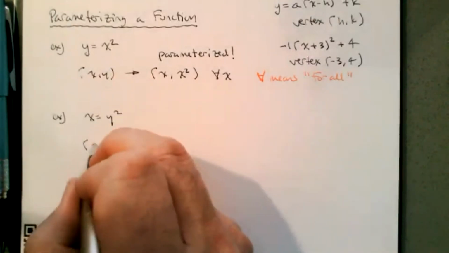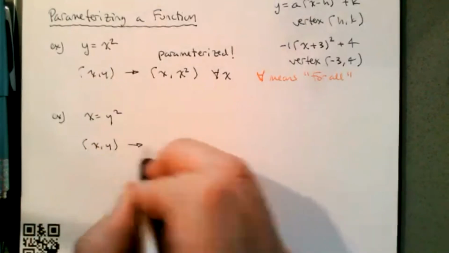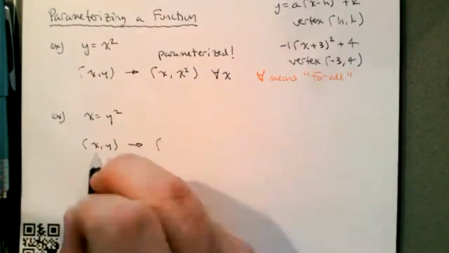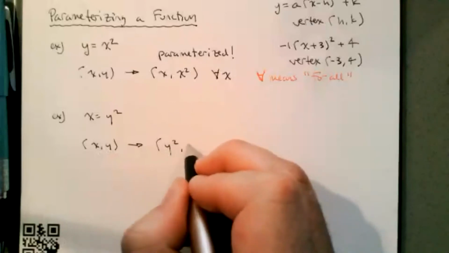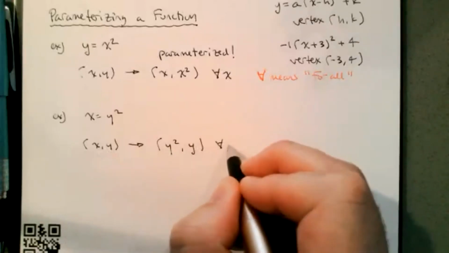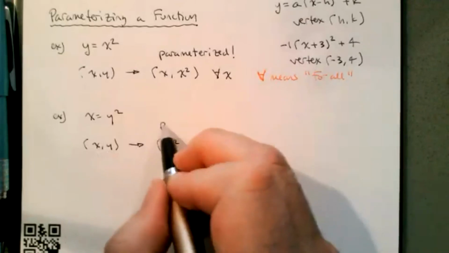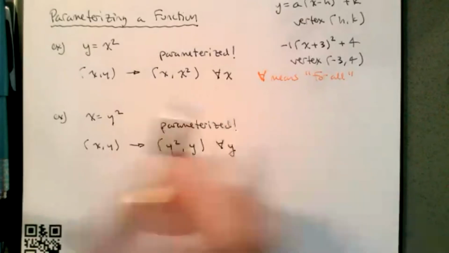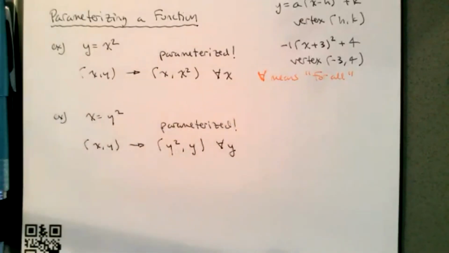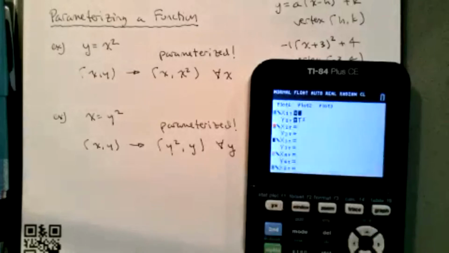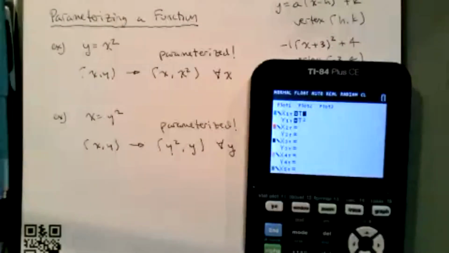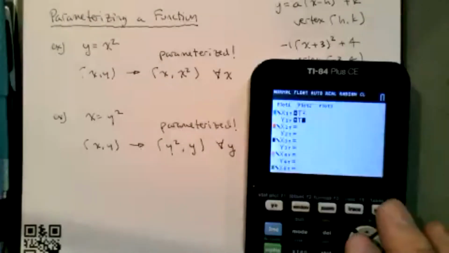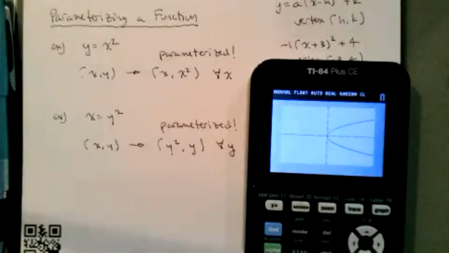We still want to write the coordinates x, y, but in this case, I'll say x is equal to y squared, and then just do this for all y. So if I trade my x and my y and put t squared in the x and just t in the y, I get my parabola going sideways.